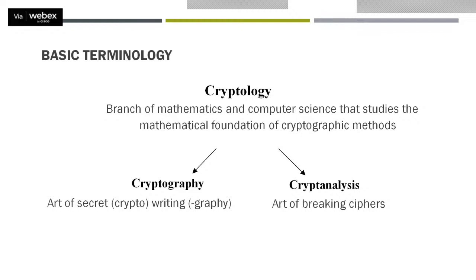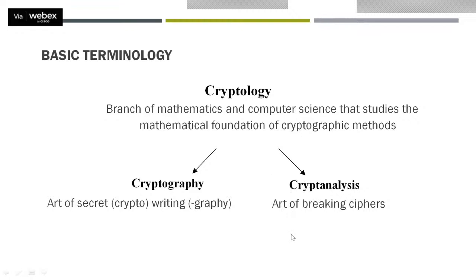I talked about cryptography. Cryptography is an art of secret writing, like converting normal English text into an encrypted text, which is a symbolic language or something like that. That is called ciphertext. So converting plain text to ciphertext is cryptography, and cryptanalysis is basically code breaking.